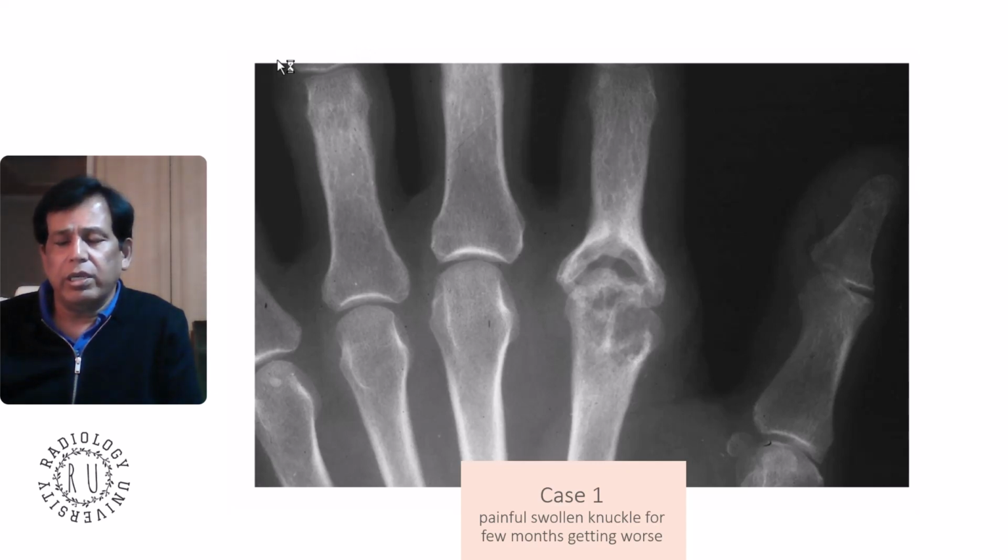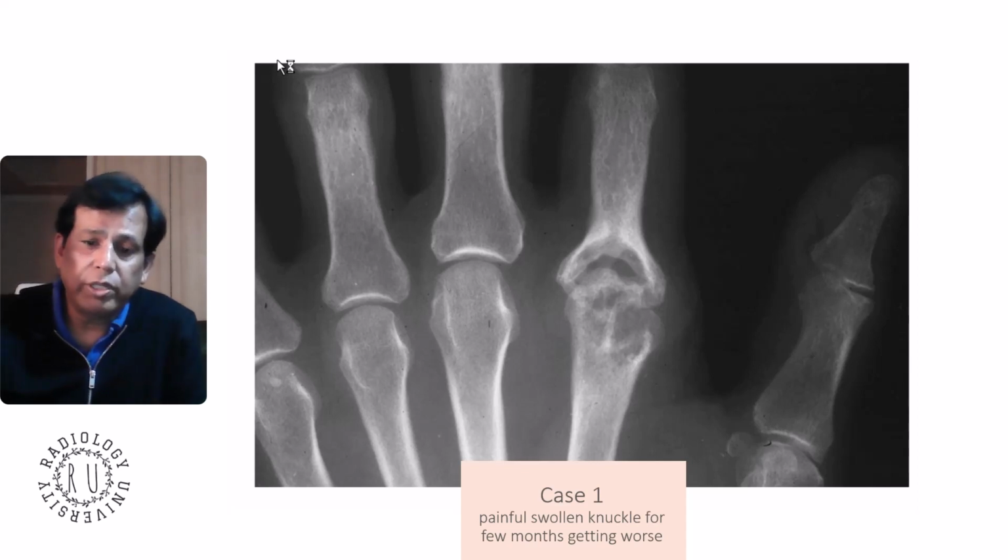So in this case, what you can think is, okay, it is a single joint. It looks long standing. It's not a typical appearance. It's not gout because there aren't any erosions on the periarticular margin; it is central.